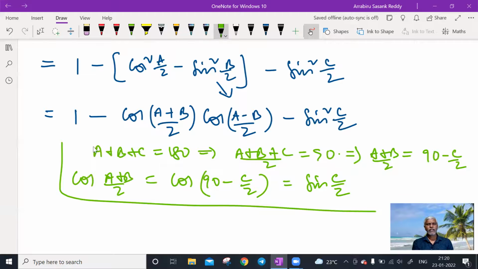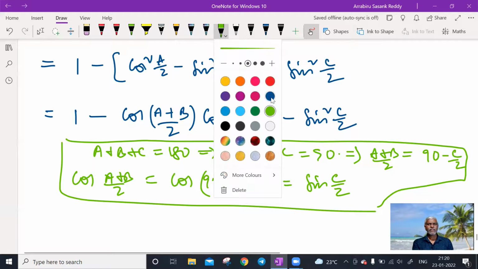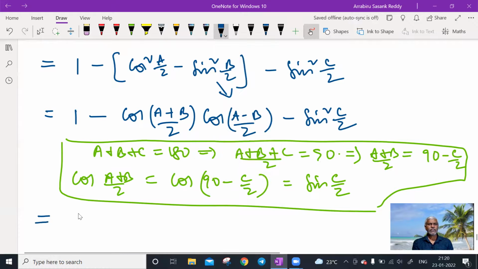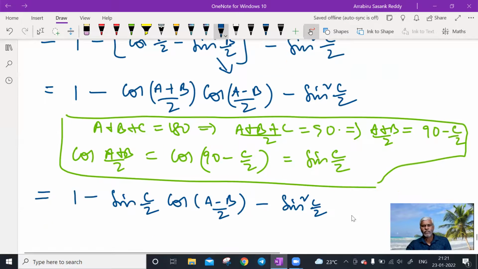So writing sin (C by 2) in place of cos (A plus B) by 2, this is 1 as it is, minus sin (C by 2) cos (A minus B) by 2, remaining same, and sin square (C by 2) as it is.